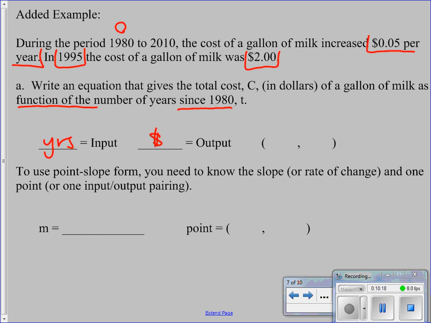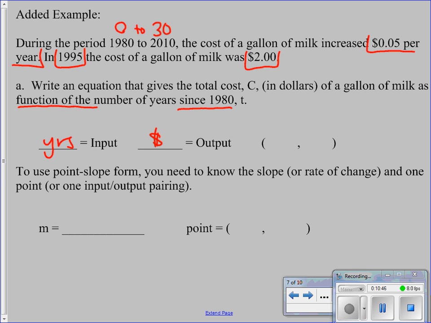If you have this time frame, 1990 to 2010, 1990 was the beginning year. 2010 would have been 30 years later. So from year 0 to year 30. That means that my years can only go from 0 to 30.